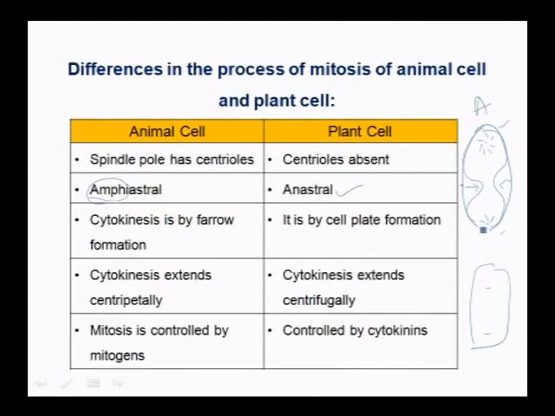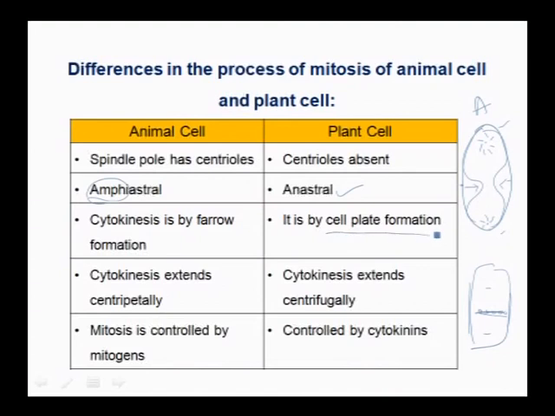When it comes to plant cell, because they have an outer rigid wall, there is no furrow formation. Instead, they show the formation of phragmoplast at the center, which will be converted into cell plate later. So, cell division or cytokinesis is completed by the formation of cell plate.